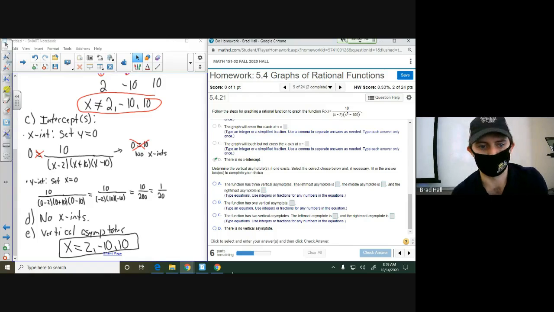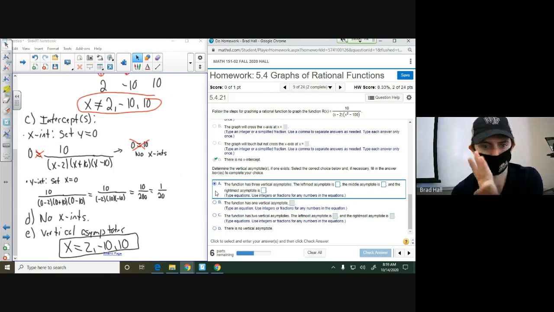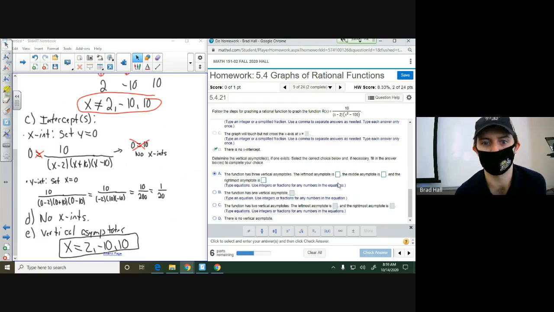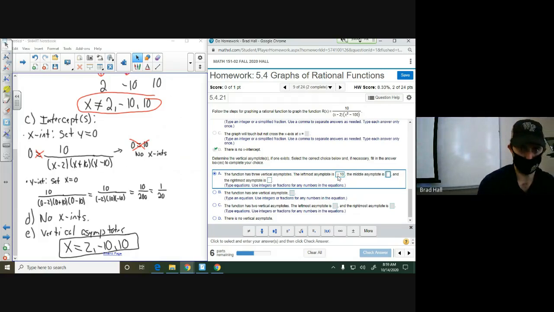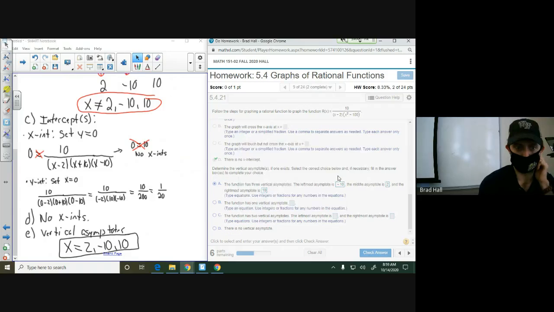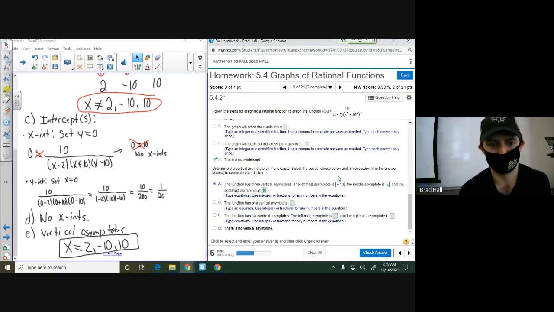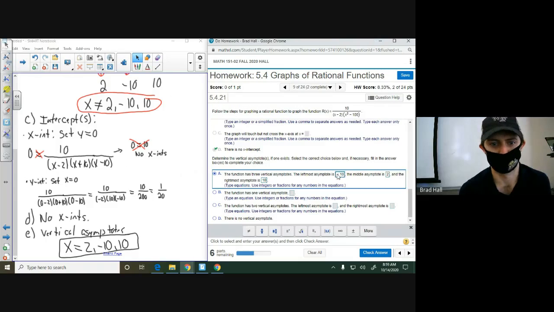So we're going to choose the option that allows for 3 vertical asymptotes, because we have 3 of them. And it wants the leftmost, the middle, and the rightmost, which just means put them in order. The leftmost is the smallest one, which is negative 10. We move on to 2, and then finally 10. Oh, got to type in equations. Sorry.